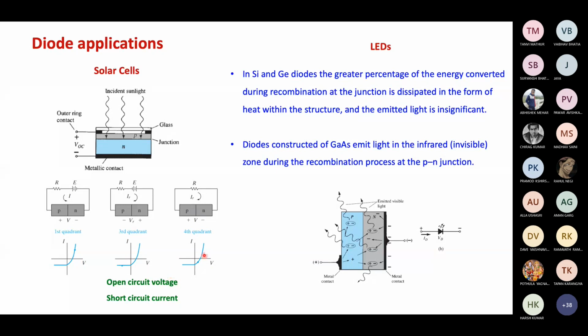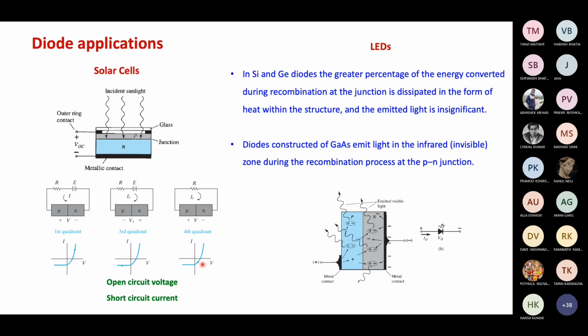As is clear from this IV characteristics diagram, the open circuit voltage is the voltage when the current in the system is 0, which means that this resistor is not there and we have opened up this circuit here. We have not connected anything here.